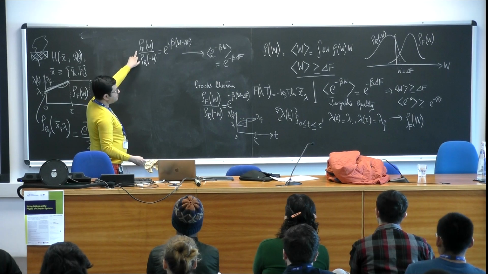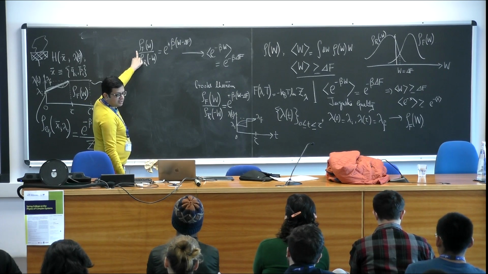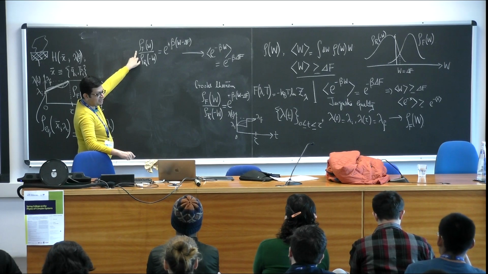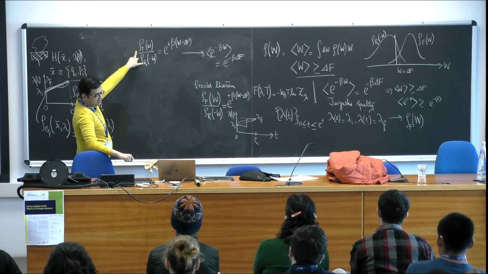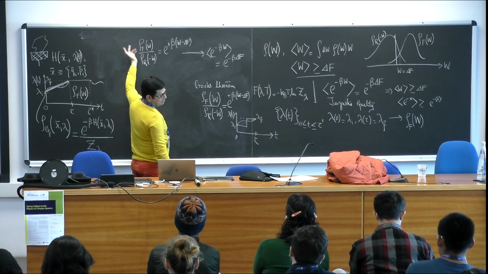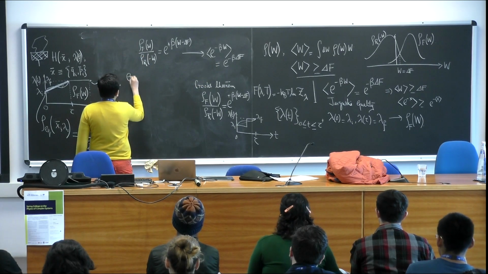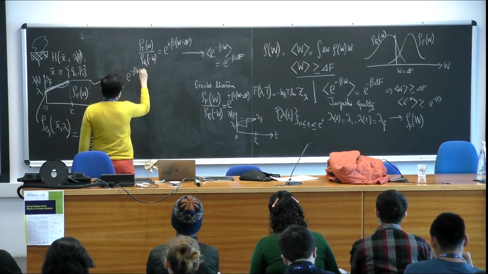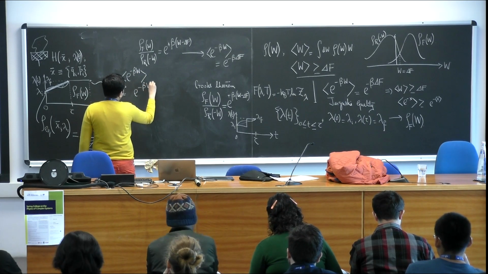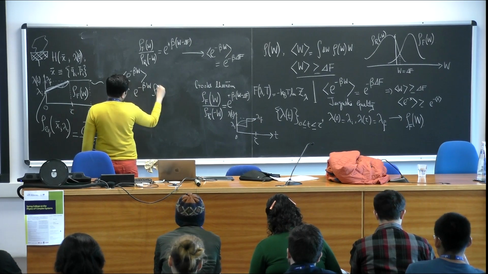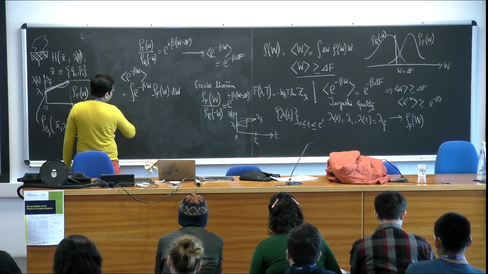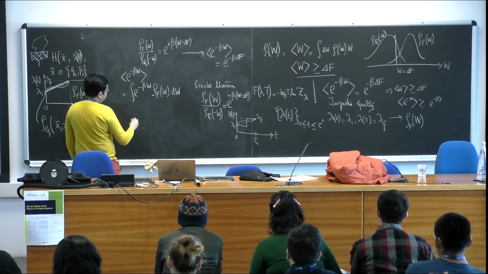Well, if you multiply by w and integrate, who said it? If you multiply by w and integrate, you get the w average. But I want to know e to the minus beta w average. So I multiply instead by e to the minus beta w. Okay. So let's say I do e to the power minus beta w average, which is by definition equal to the integral of e to the minus beta w times, let's say I want to do it for the forward distribution, rho f of w.